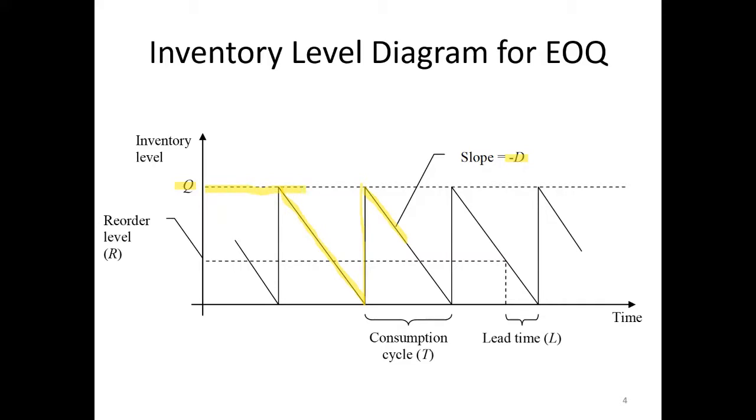And when we have a fixed lead time of certain value, the reorder point can be determined easily, as you can see here, by looking at the relationship of the inclined line and calculating the reorder point or the inventory level at which the order should be placed. Now, this is the very simplified inventory level diagram taking into consideration the previously mentioned assumptions of the EOQ model.